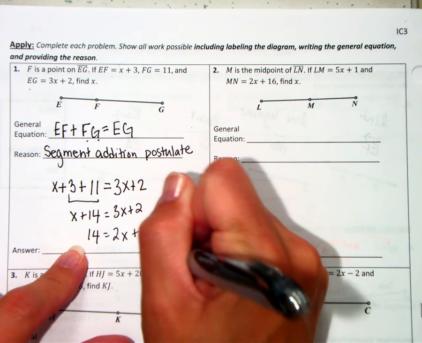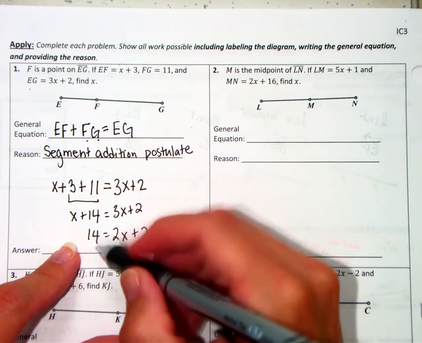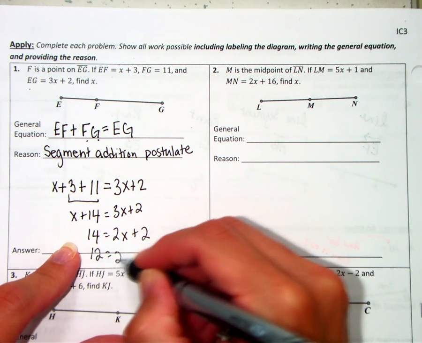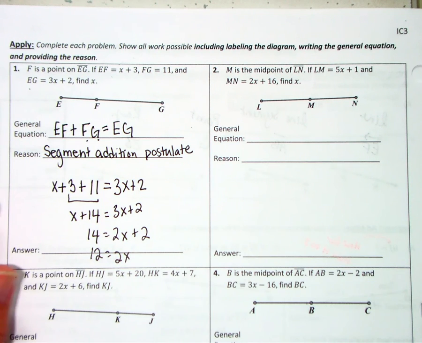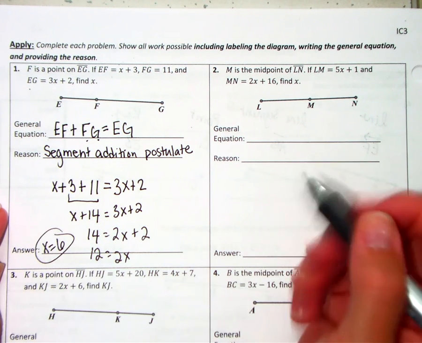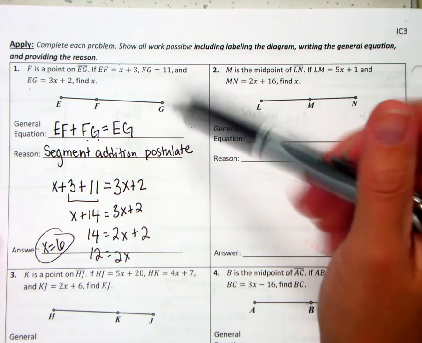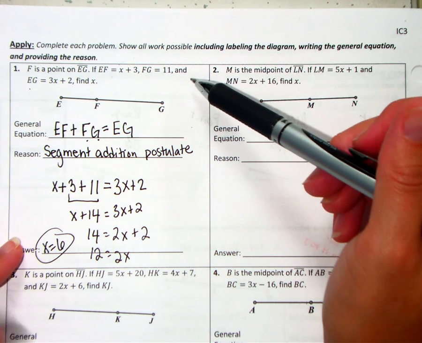Subtract this 2 on the back side here from both sides. And then divide by 2 to get x equals 6 for my answer. And this is actually what problem number 2 or level 2 will look like on your actual assessment that you take.